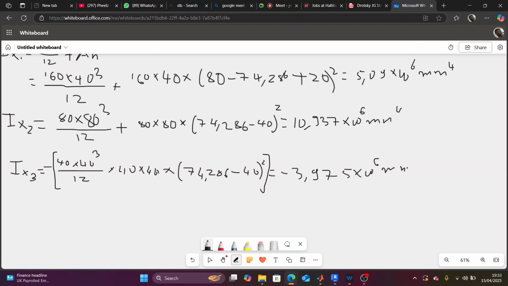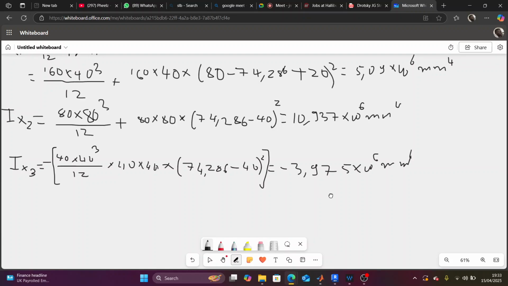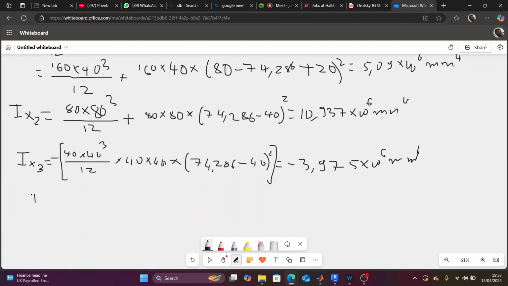Okay, now we know that, how do we get Ix? Ix is the sum of Ix1, Ix2 and Ix3. Can you type in the calculator? What is the answer?